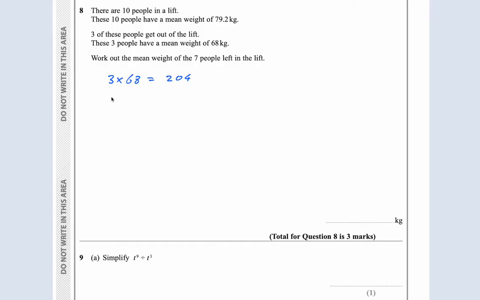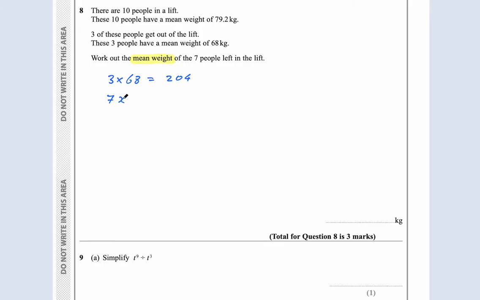And the other 7 have a mean weight of, I don't know, because we're trying to find it. Work out the mean weight of the 7 people. I don't know what it is, so let's just call it x.